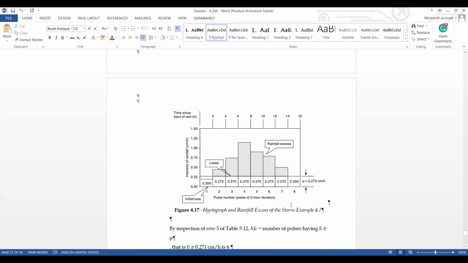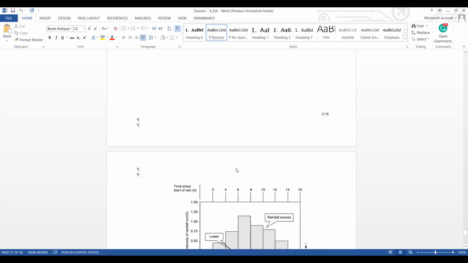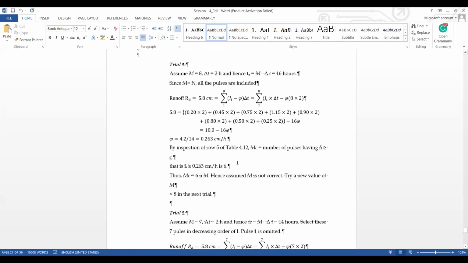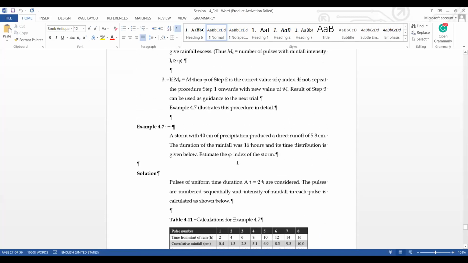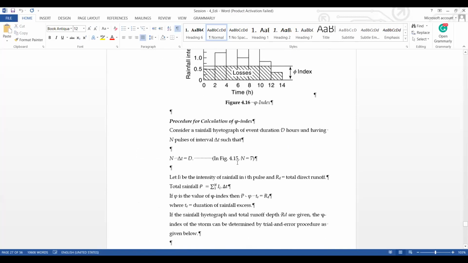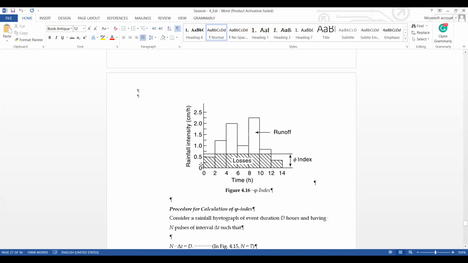Okay, thank you. Now this is in your course material. So what we do is, if you get the rainfall intensity variation with hours, let's say the first 2 hours you might get a rainfall intensity of 0.5 centimeters per hour. Likewise, you can draw this bar chart graph.